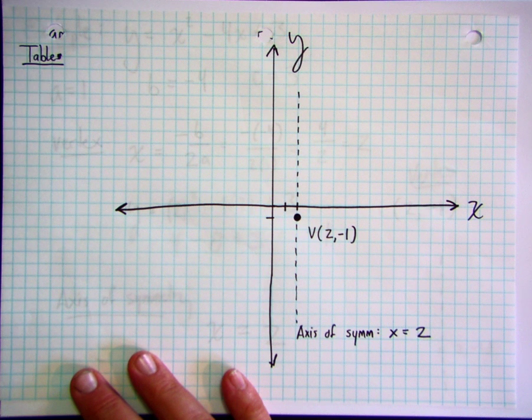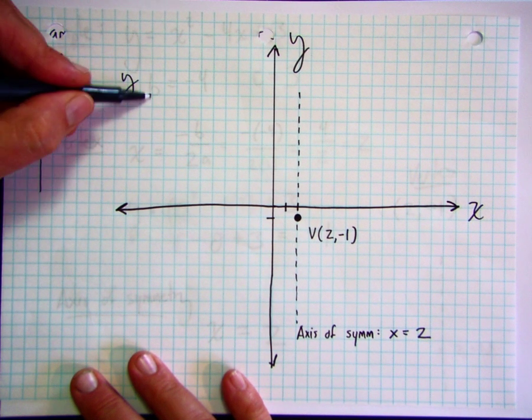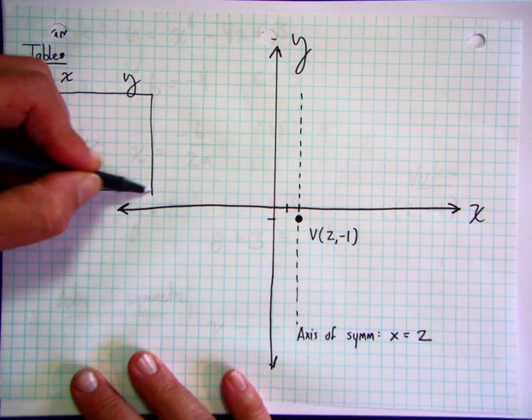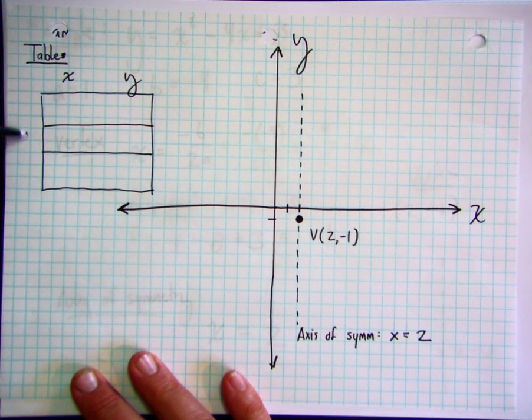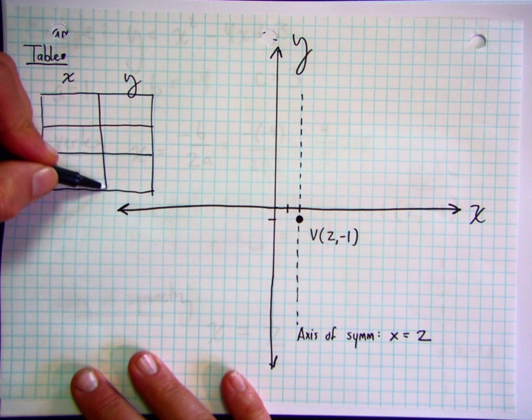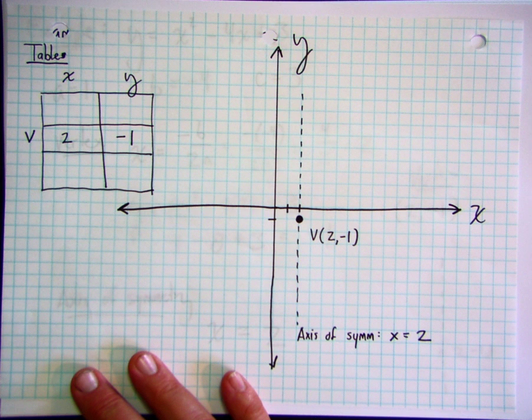We can do as many points as we'd like, but probably it's enough just to do 3. So I'll draw a little table and put the vertex in the middle. The x value is 2 and the y value is minus 1.